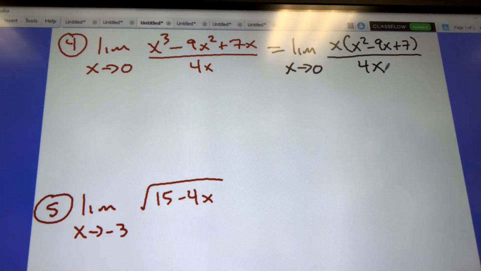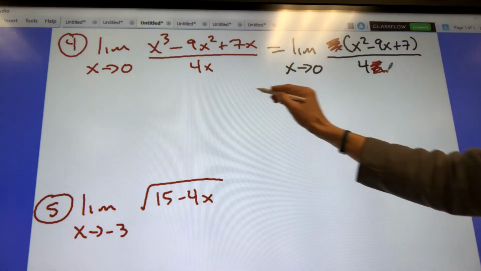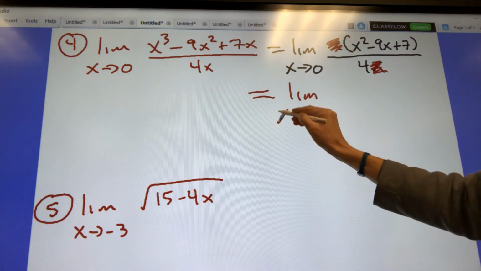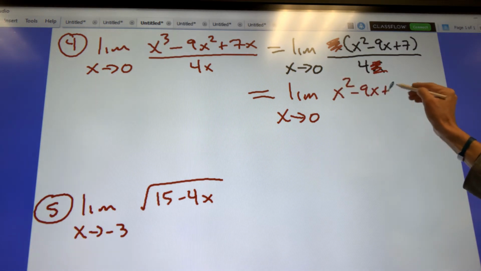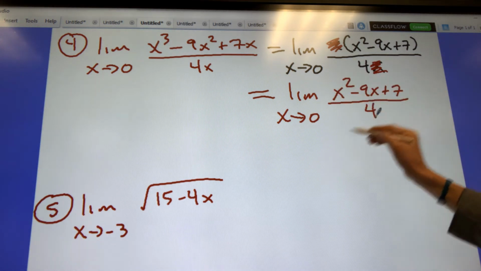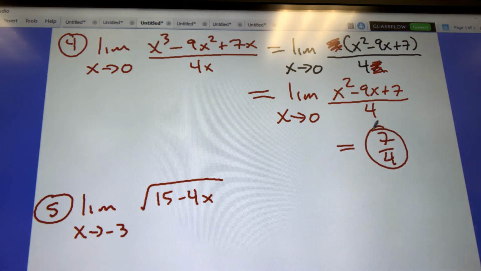The x's will cancel. This won't factor, and I don't really need to worry about making it factor, because now I got that x out of the denominator: x squared minus 9x plus 7 divided by 4. I can let x be 0, and I'm left with 7 over 4.